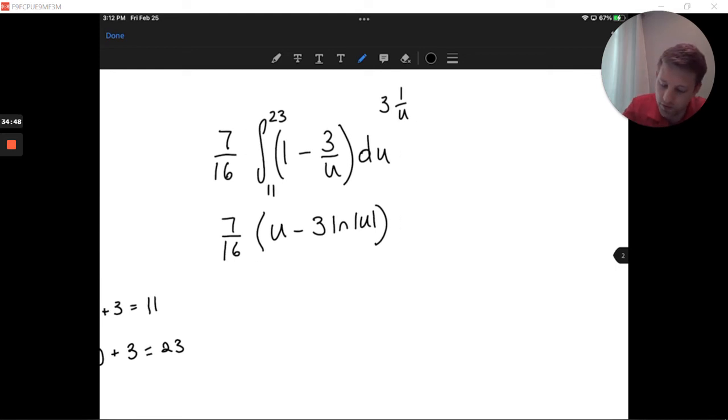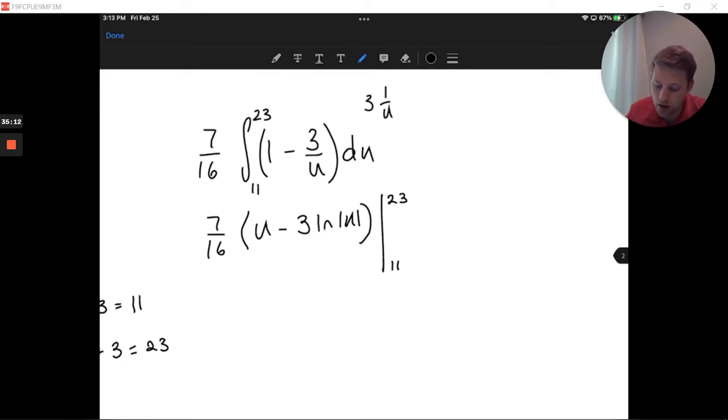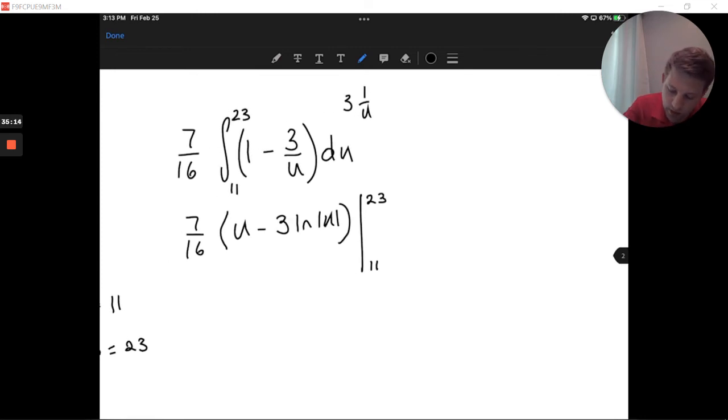Now I just want to finish this off by evaluating this antiderivative at my two endpoints, 23 and 11. Since we have some natural logs, I'll just keep these in terms of the natural log for this portion. We're going to have the following: 7 over 16.